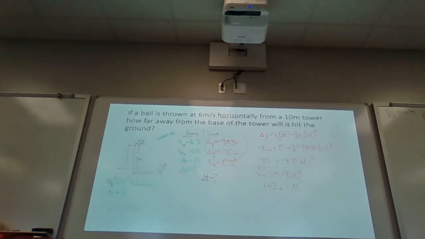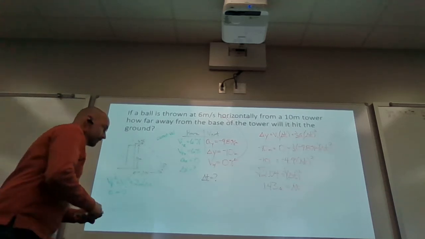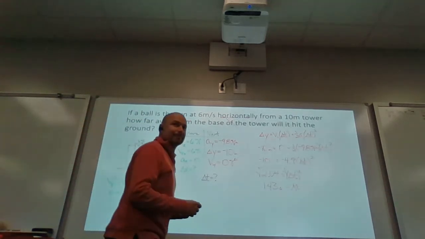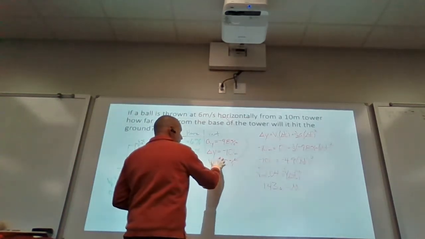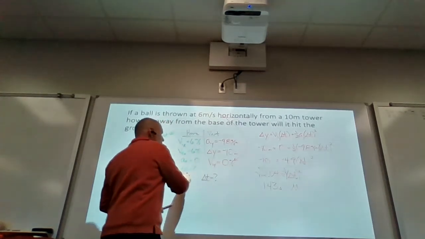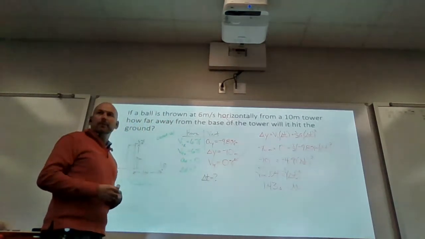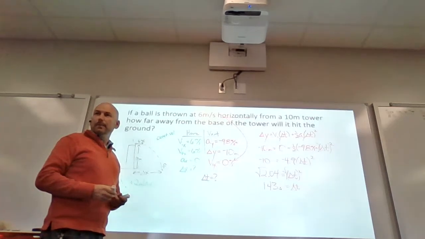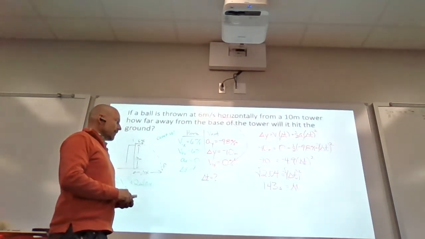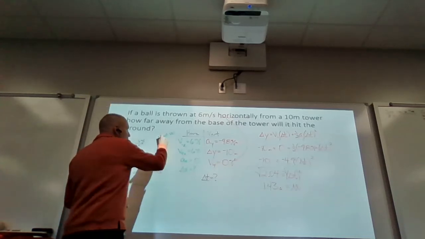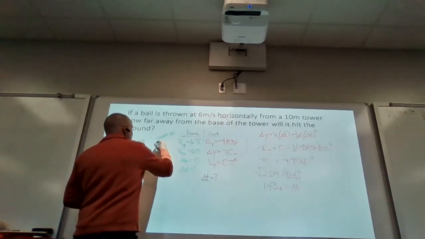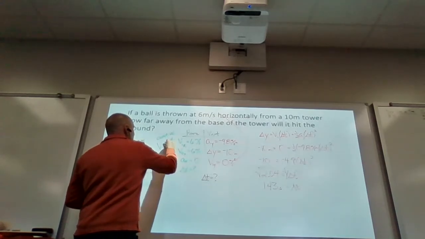What can I do with that? So I've got this is how long it was in the air vertically, but that's also how long it was in the air horizontally. Okay, so I could use a bunch of different equations. My personal favorite, if we know this is constant velocity, we know the velocity is equal to displacement over time.